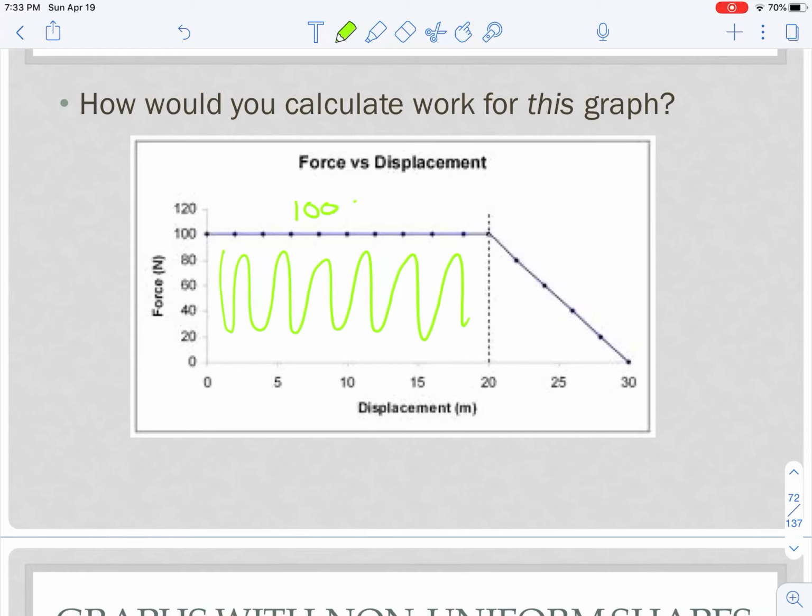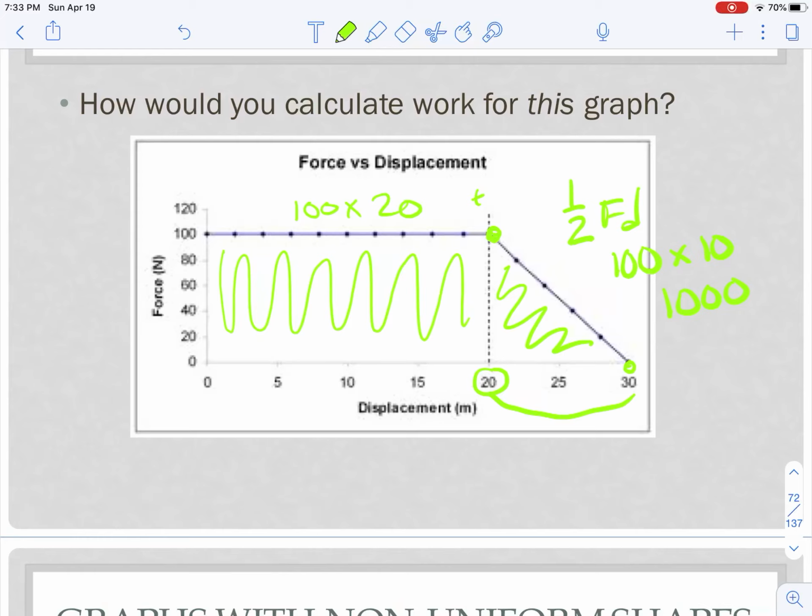We would do force times distance of, over here, 100 times a distance of 20 for this section, and we could add it to this section where you can see you'd have to go half times the force times distance, and this one you could still say 100, because we're here, times a distance of 30 minus 20, which is a total of 10, and you're going to get your 1,000, but it would have to be half of that, and your answer for this section would be 500 joules, and you could add it over here to the other 20 times 100 of 2,000 joules.